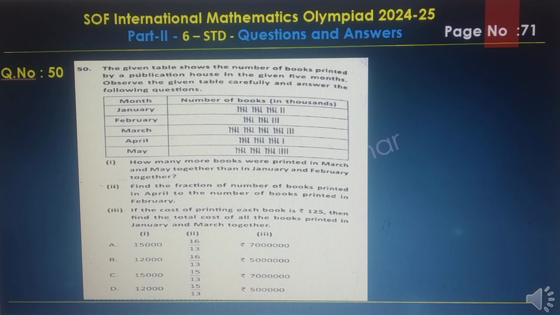First, how many more books were printed in March and May together than in January and February together? Question number 2. Find the fraction of the number of books printed in April to the number of books printed in February. Question number 3. If the cost of printing each book is rupees 125, then find the total cost of all books printed in January and March together. Option A, B, C, D are there.